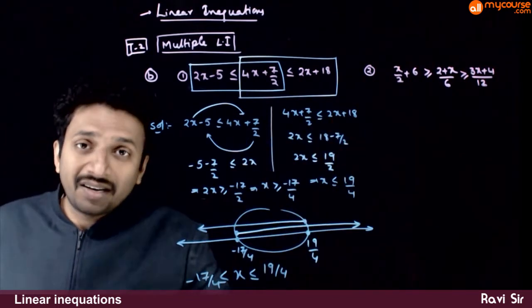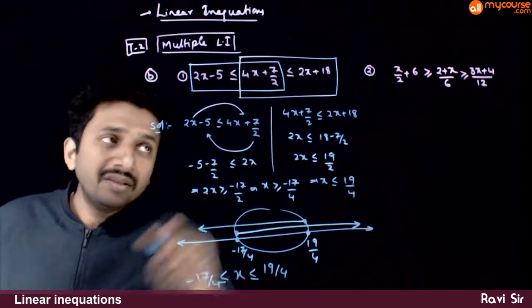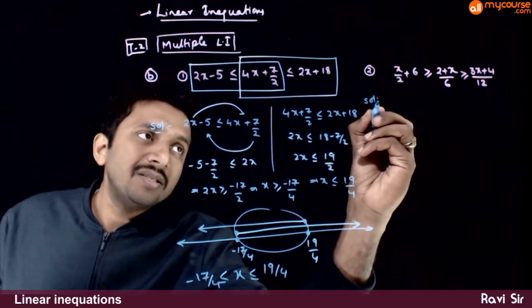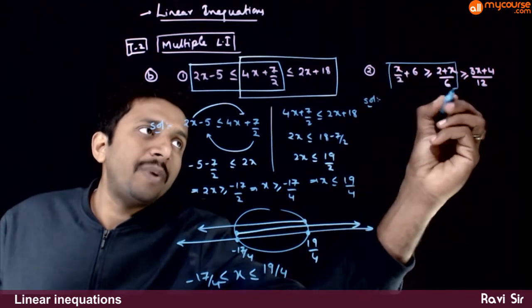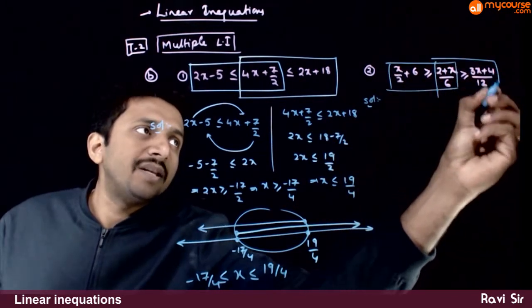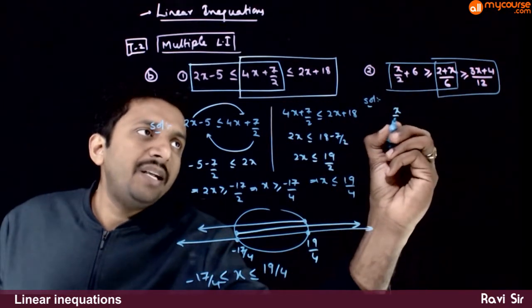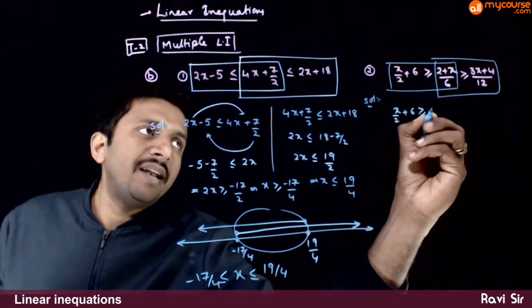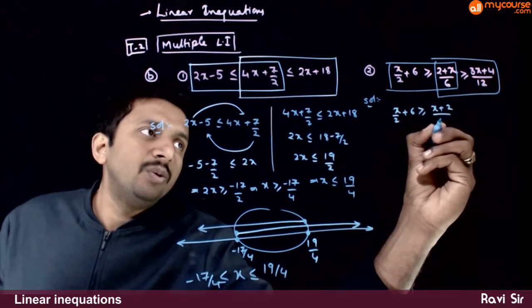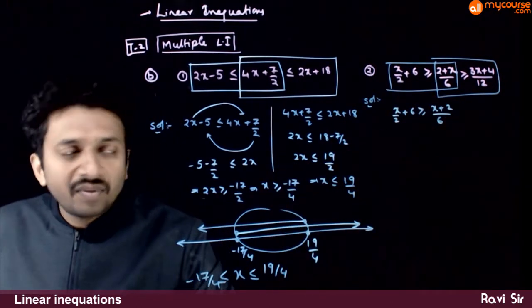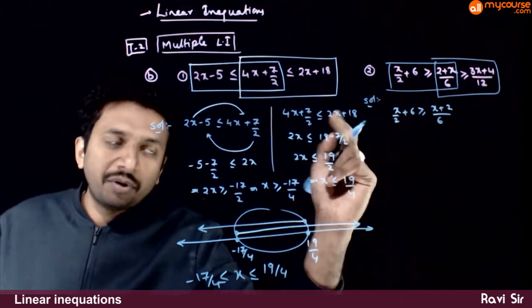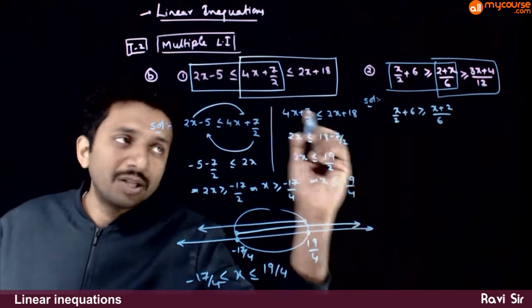Now let us go to the second. This is also a similar model. So again, I'll do the same process. First, I'll solve this part and then I'll solve this part. If you take the first part, x by 2 plus 6 is greater than or equal to x plus 2 by 6. If you cross multiply, because it's a positive number, you can cross multiply this.